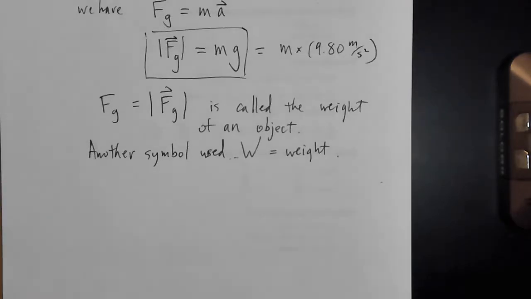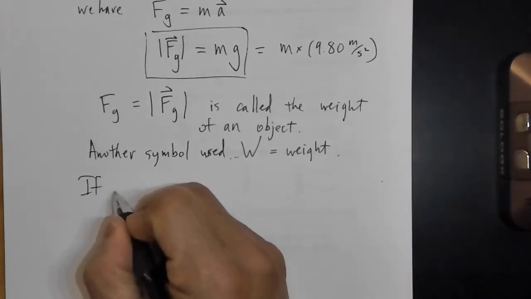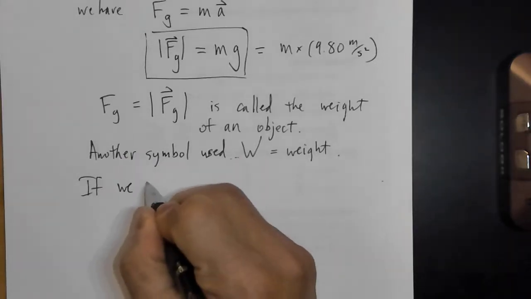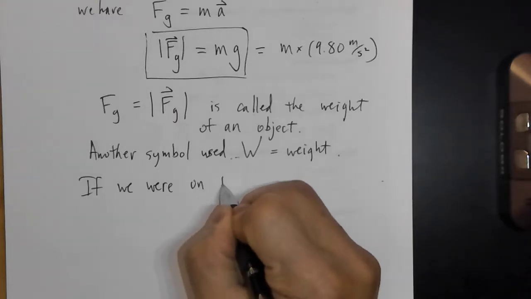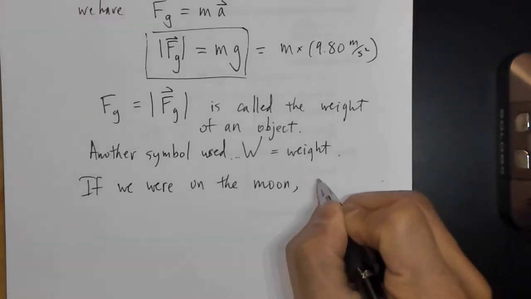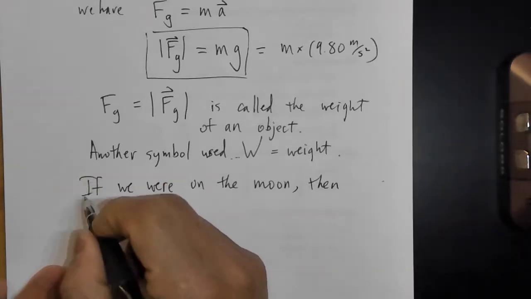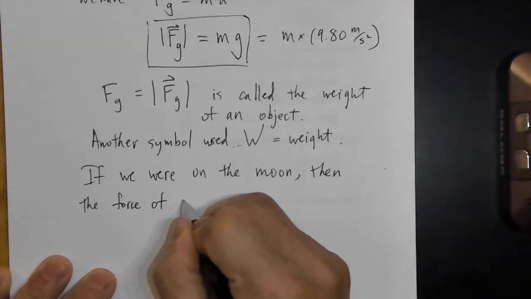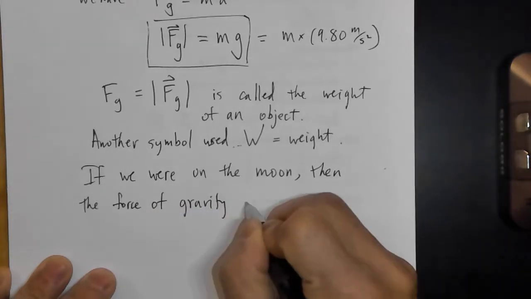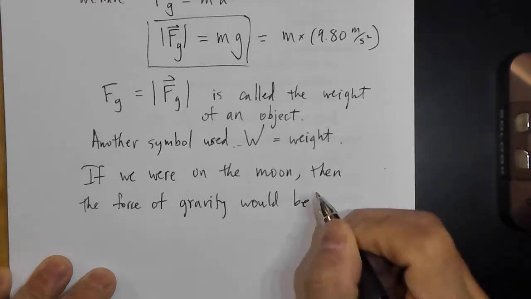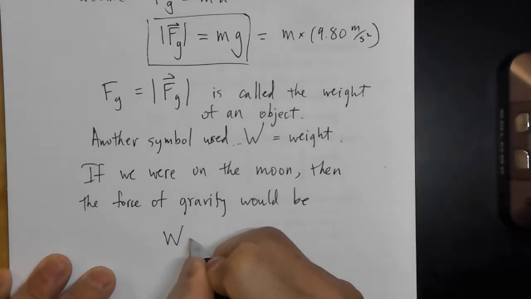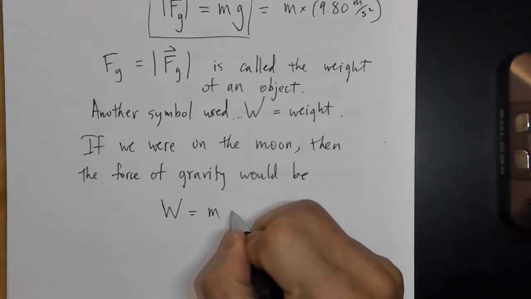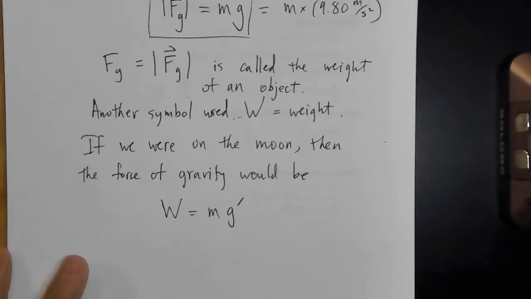Now, I should mention, if we weren't on Earth, but we were on, let's say, the moon. Okay, if we were on the moon, then the force of gravity, or the weight, let me write W here this time. W, the weight, would be equal to m times g something else. So let me write it as g prime.